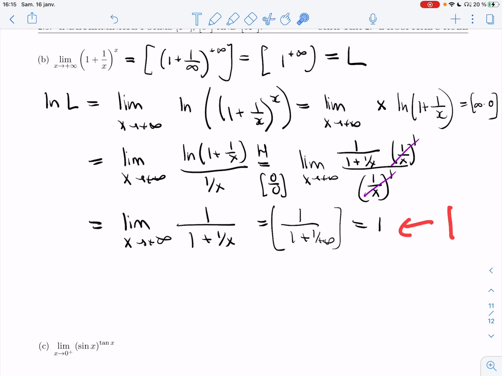Again, this is ln of L. And so if we want to have L, it's going to be e to the ln of L, which is e to the 1, which is e.